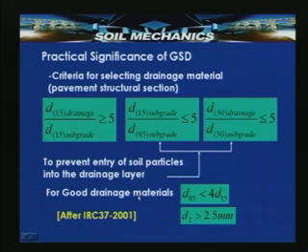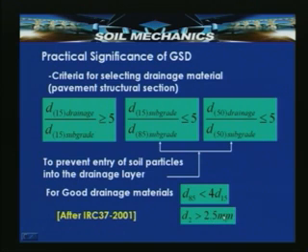For good drainage materials, basically it is required to be seen that D85 is less than 4 times the D15. So, for good drainage materials, D85 shall be less than or equal to 4 times D15, and D2 shall be greater than or equal to 2.5 mm.